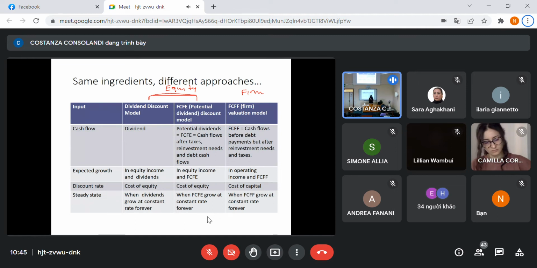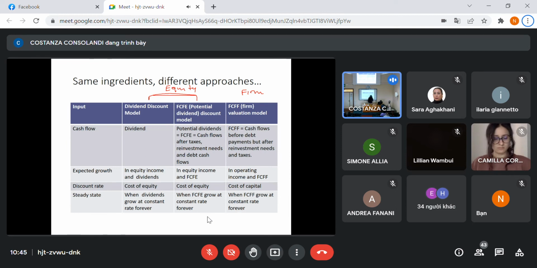So the company will have a payout ratio and a retention ratio, which is the complement to 1 of the payout ratio, or vice versa. Payout ratio is equal to 1 minus retention ratio, or retention ratio is equal to 1 minus payout ratio, given 100%. So that's why free cash flow to equity are potential dividends.